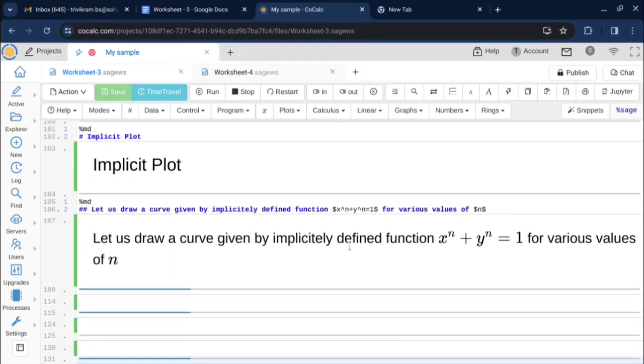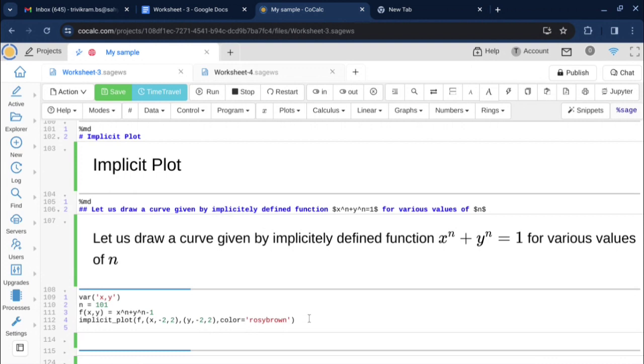Now let us discuss about implicit functions. So let us see how to draw implicit functions. So here I am going to draw x power n plus y power n is equal to 1. So for that I have defined the variables x and y. N is equal to 101, that means power I am taking 101.